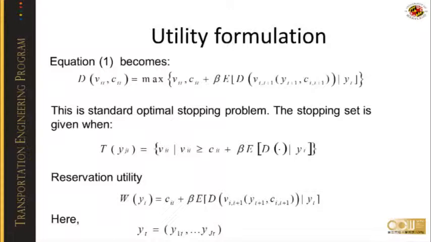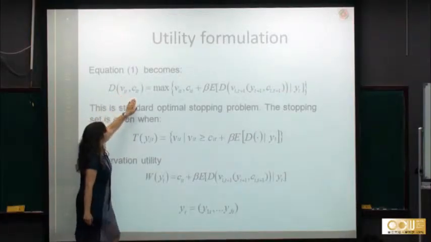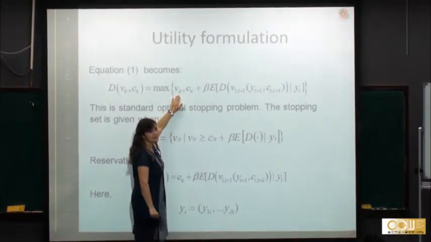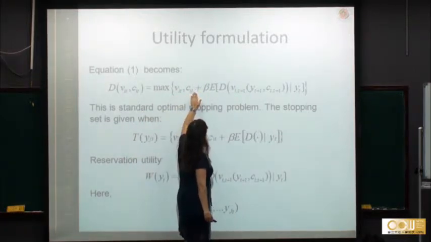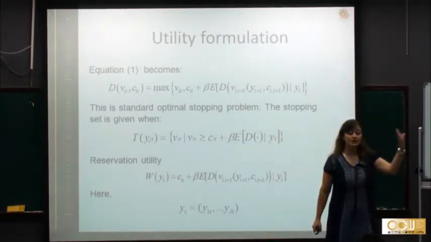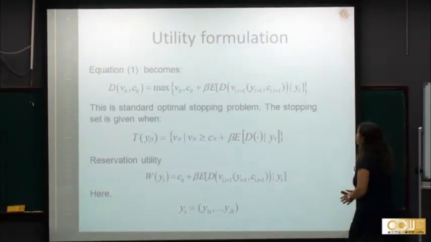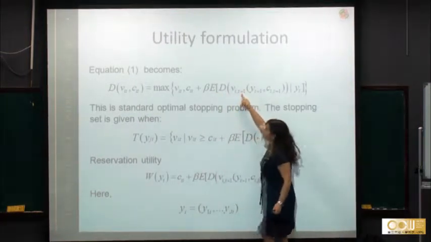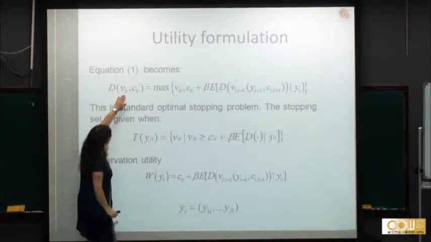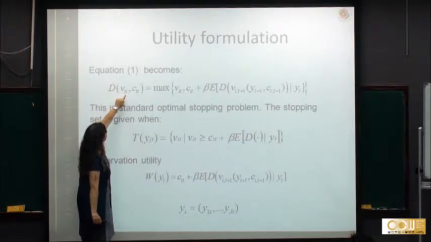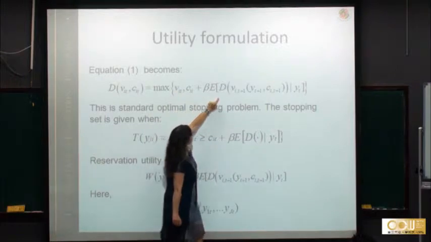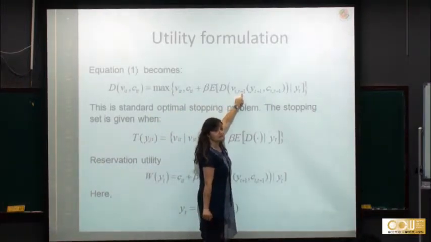You calculate the max between buying something, the terminal utility, or the one period payoff plus a utility coming from the expectation of future product quality. This depends on t minus 1, so we have a temporal dimension here. The value at t is a function of the terminal utility at t, but also a function of the expectation of the utility in the future, right?